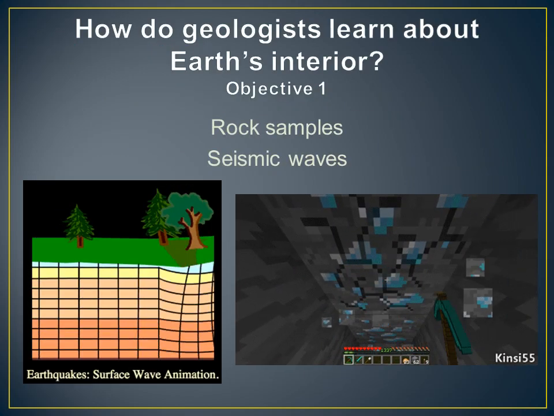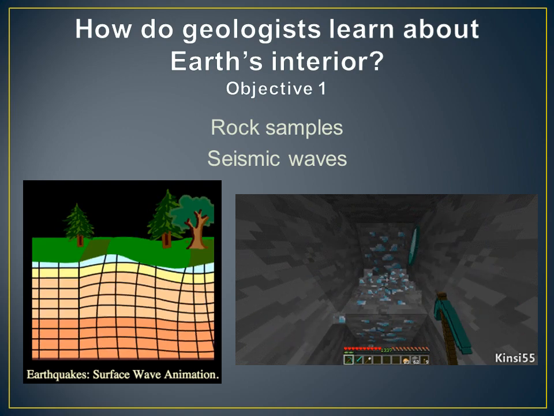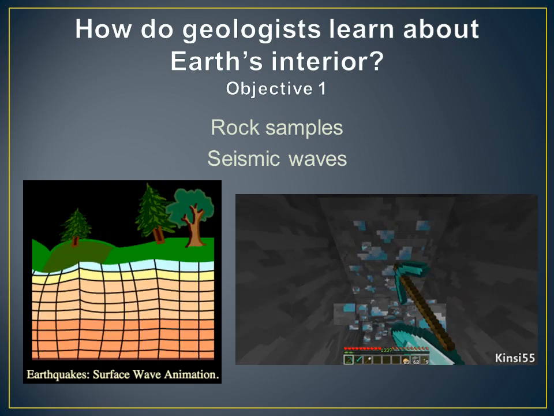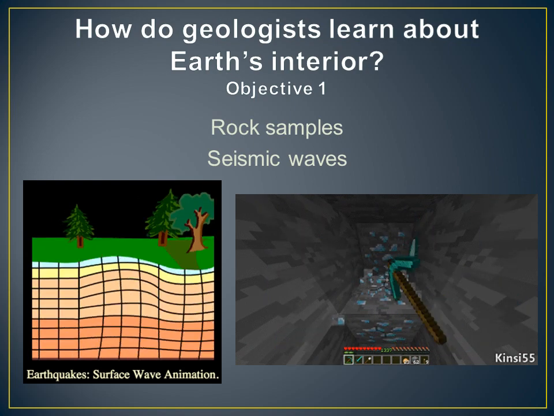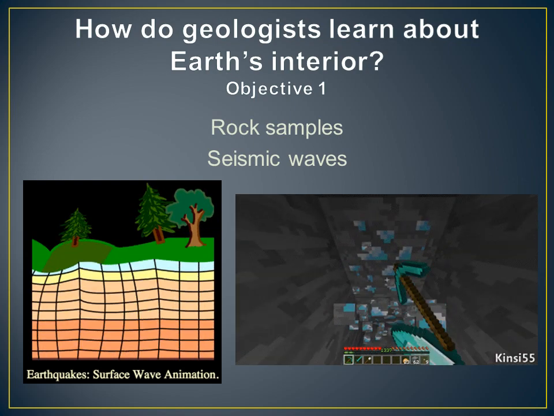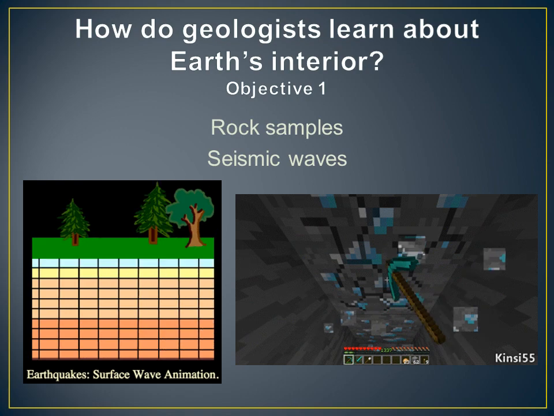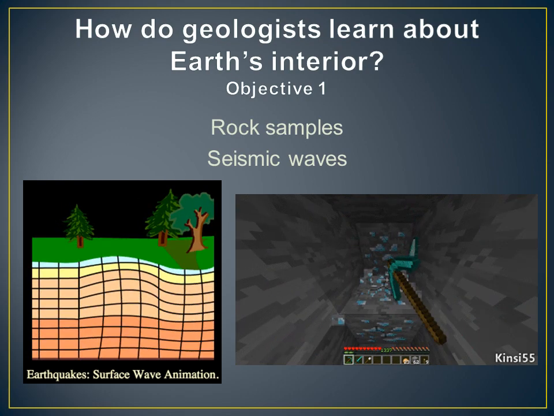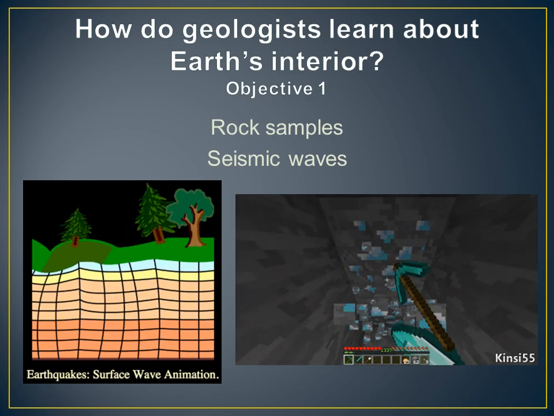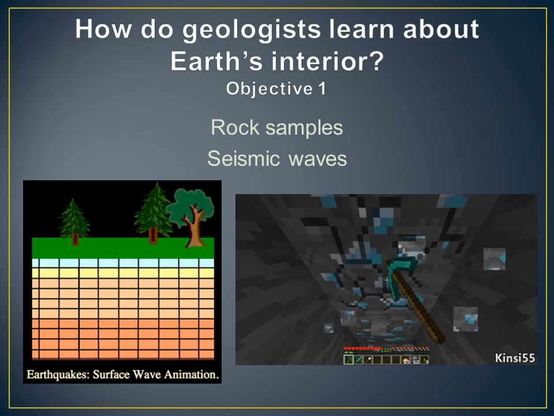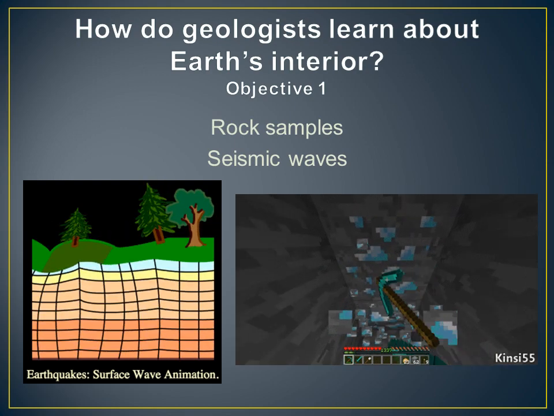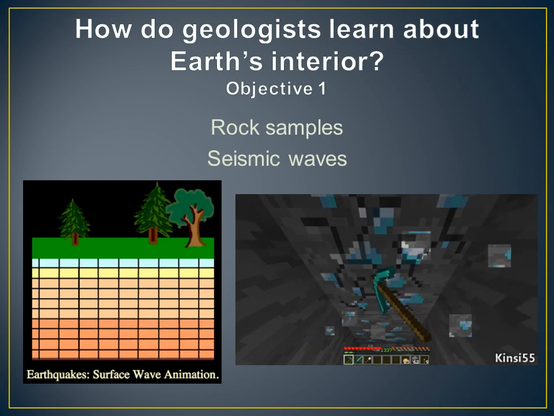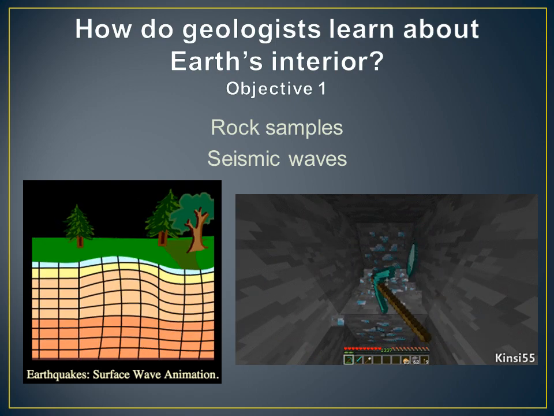So, again, our objective review here. How do geologists learn about Earth's interior? Well, one, rock samples. If you look to the right, I include this little GIF of Minecraft because it gives us a good idea of how geologists study the earth. For anyone that plays Minecraft, when you dig around, you don't always find the same thing.